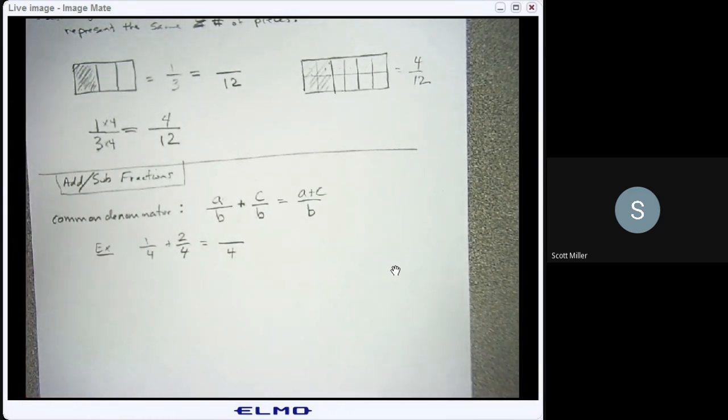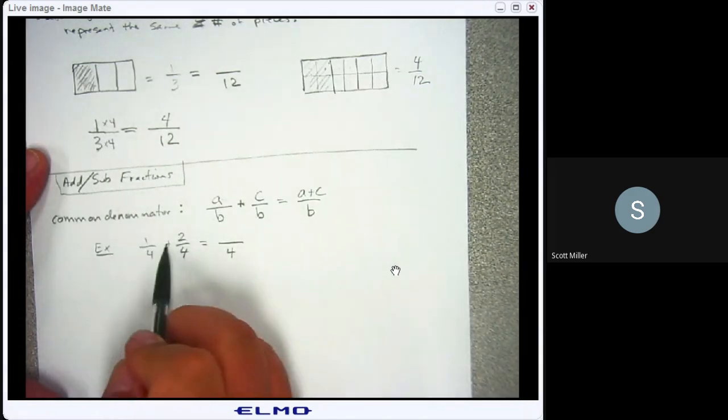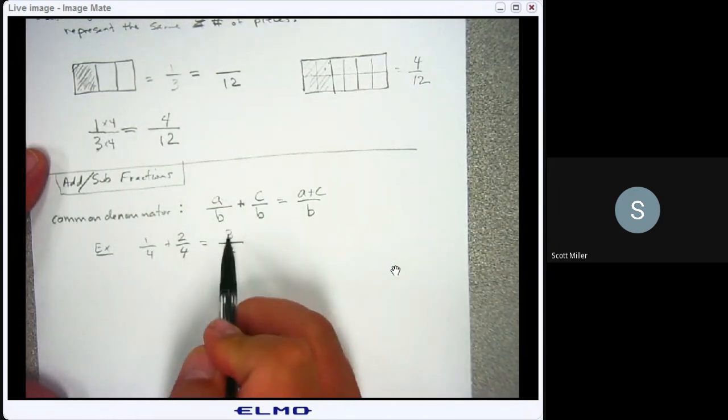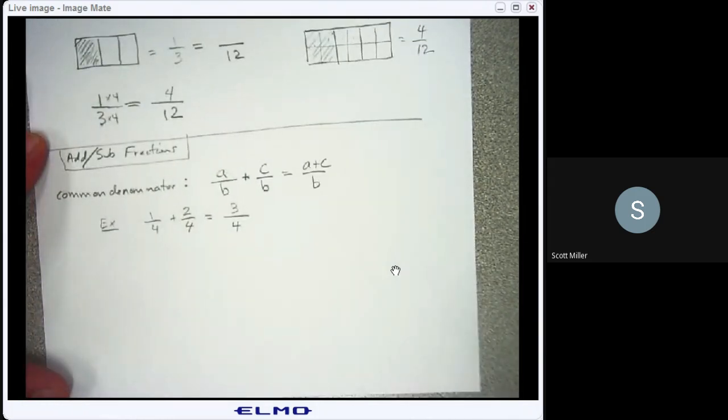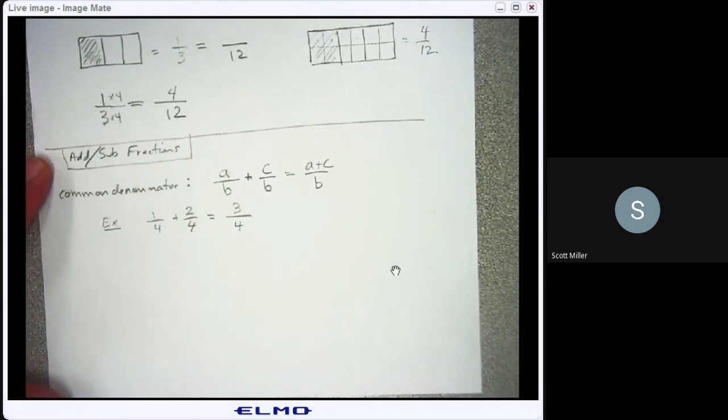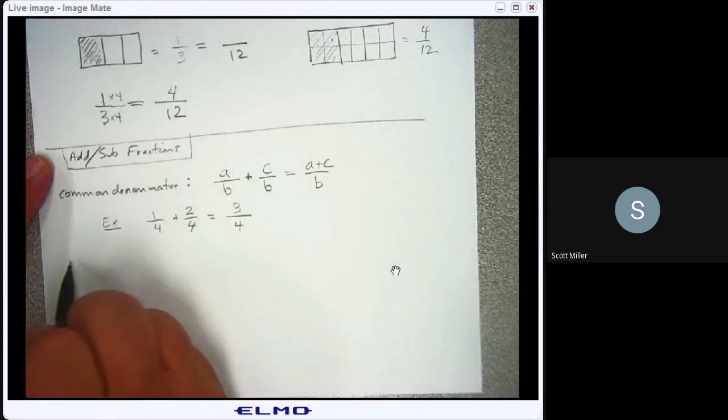It's a 4. The top tells me how many I have. I got 1 plus 2 is how many? I got 3 of those. So that's how that works. Very simple. So most of the time, and the issue most people have, comes when they have unlike denominators.